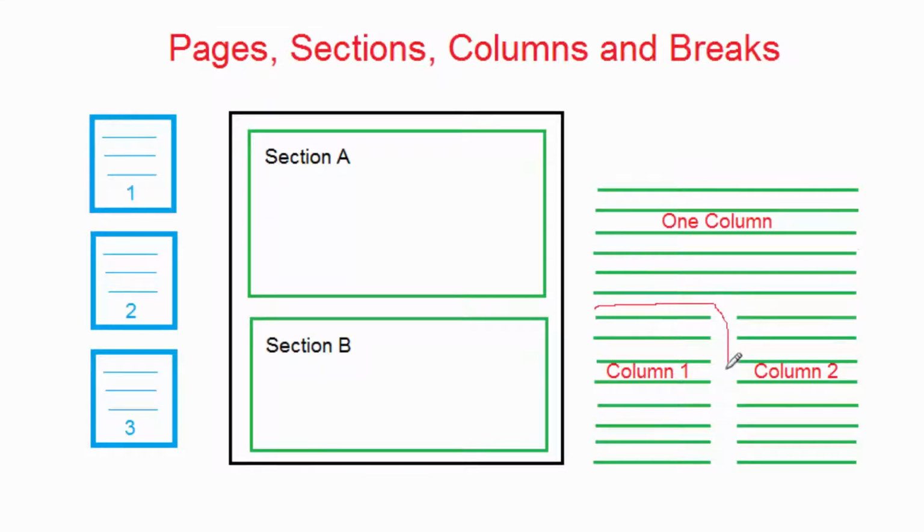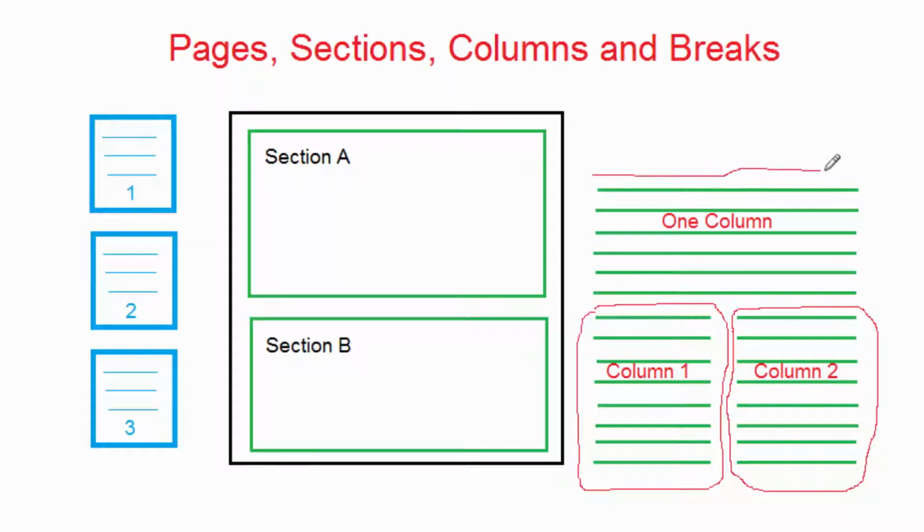Like here, I can say this is column 1. Then the text will type, and when it reaches the end of this page, it will move to column 2 and continue like that. And in that case, I will have created a 2-column section. And the first one is a 1-column section.